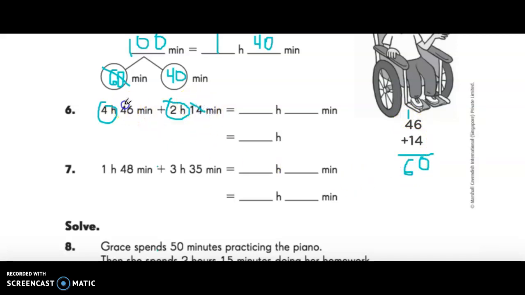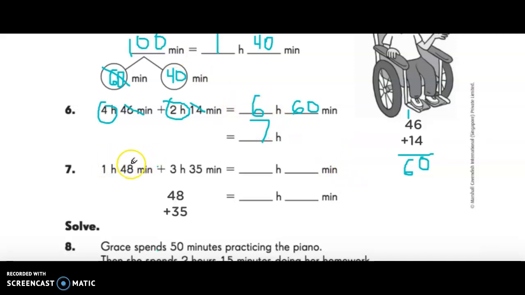So this turns into 60 minutes or 1 hour. What they have you do is leave it here for now and then add your hours. 4 hours plus 2 hours gives us 6 hours, and then convert this 60 minutes into an hour to then have a total of 7 hours.